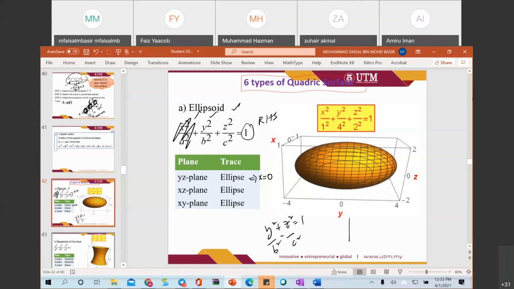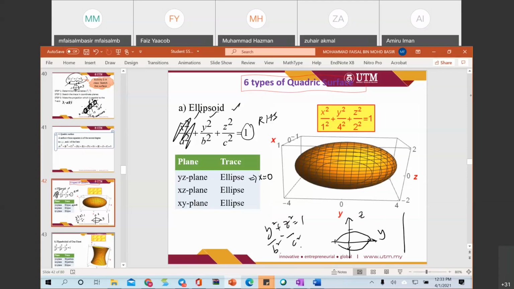So you get an ellipse. So how to draw the ellipse? Remember? It depends on B and C, right? If B is higher, it should be like this. Okay, my ellipse is not so nice.